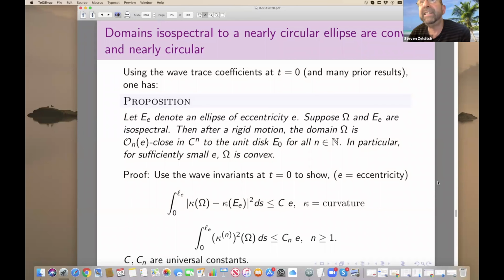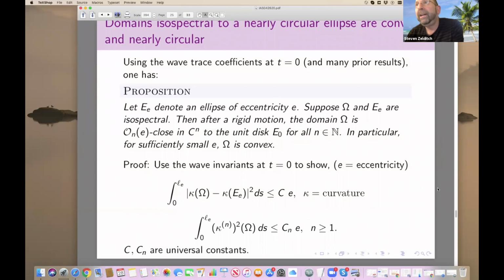They've been studied extensively by various people: Gilkey, Lance Smith, Melrose, many people. So they have a lot of information already about the curvature polynomials you get. They're integrals of curvature polynomials. Using these wave invariants or heat kernel invariants, you can show that the curvature of the boundary of your mystery domain, your isospectral domain, differs from the curvature function of an ellipse by something bounded by a constant times the eccentricity.